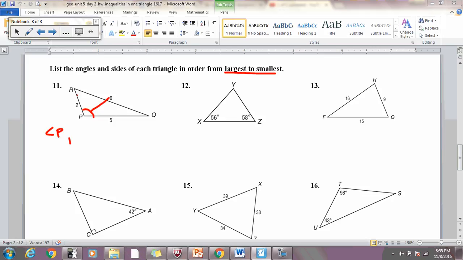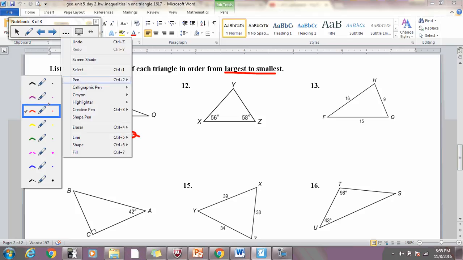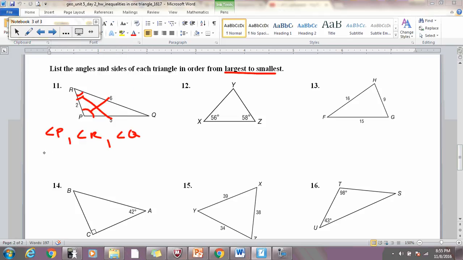Followed by angle R. And then it would be angle Q. So the sides in order would be RQ, PQ, and RP.